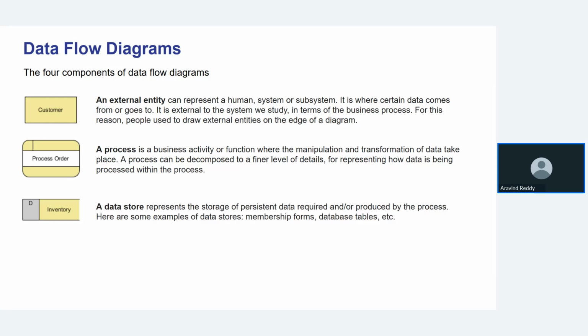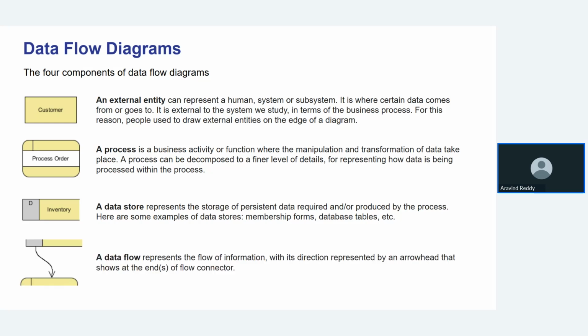Inventory data stores represent the storage of persistent data required and produced by processes. Here are some examples of data storage: membership form, databases. So what will this inventory generally do? It will store the information, right? The user information, all of it is going to be stored in one place, and we call it an inventory.